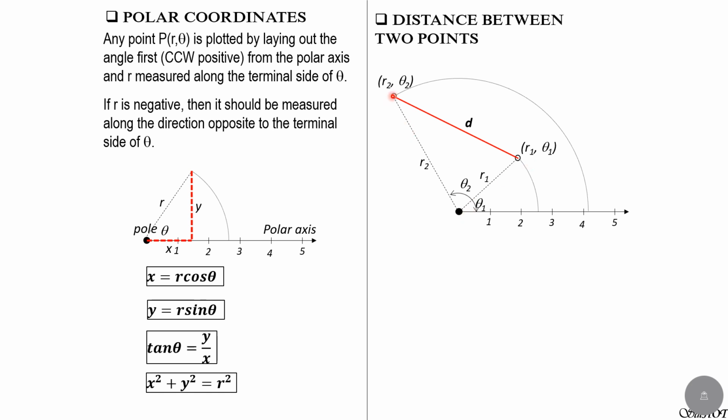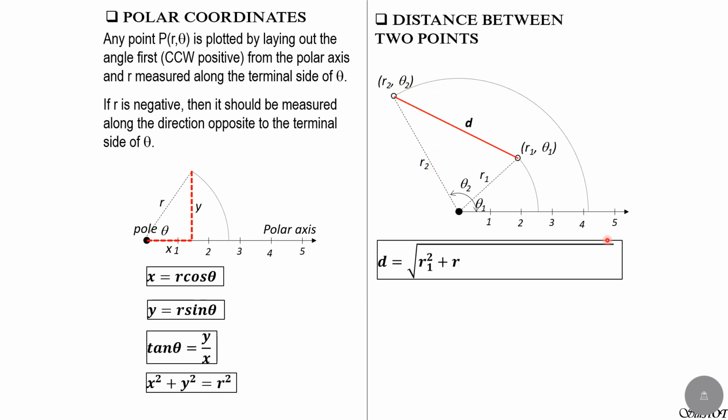Since we form a triangle and the vertex angle here is theta 2 minus theta 1, with sides r1 and r2, then by cosine law, d is equal to the square root of r1 squared plus r2 squared minus 2 r1 r2 cosine of the quantity theta 2 minus theta 1. So if you memorize a formula, then that's just the cosine law.